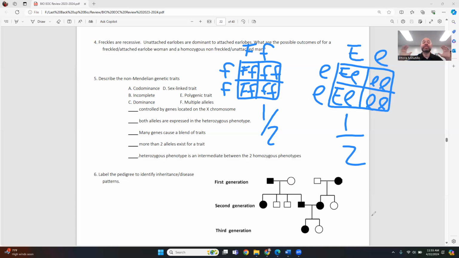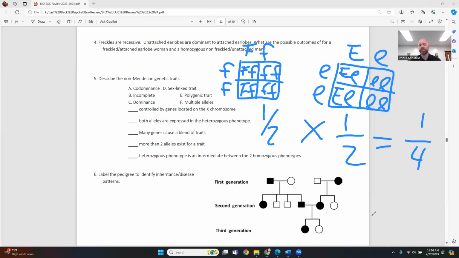Now, if they wanted a specific combination, hey, if these were the parents, what are the chances of their kid having freckles and unattached earlobes? Well, that would be 1 out of 2 from the first one, 1 out of 2 from the second. I would multiply these together, giving me a 1 out of 4 chance or a 25% chance to have both of those specific traits.